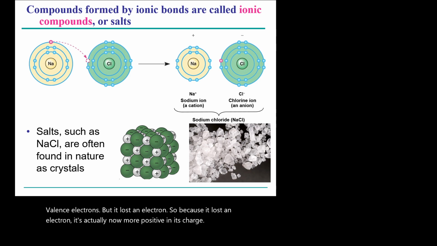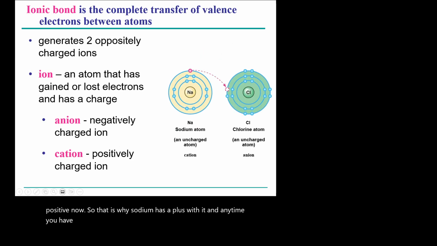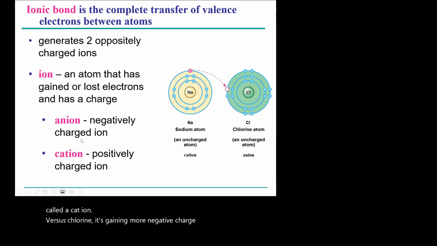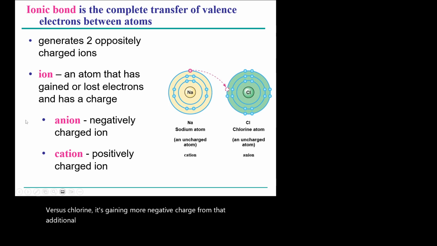Okay, process that for a minute. If it gave up an electron, it gave up something a little bit negative, so it's going to be slightly more positive now. That is why sodium has a plus with it. And anytime you have an ion with a positive charge, it's going to be called a cation. Versus chlorine, it's gaining more negative charge from that additional electron. It becomes an anion, a negatively charged ion.